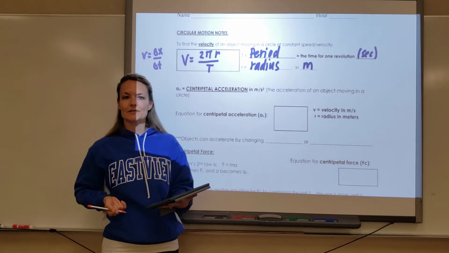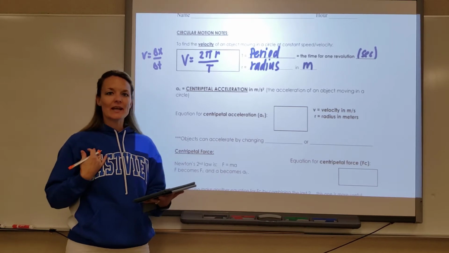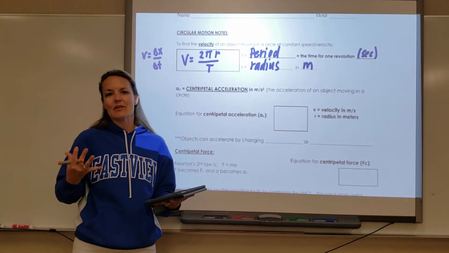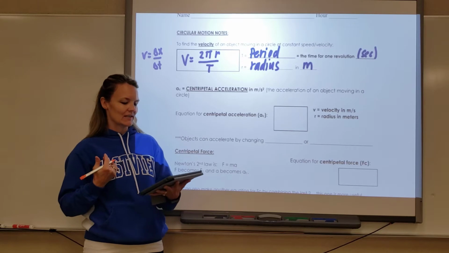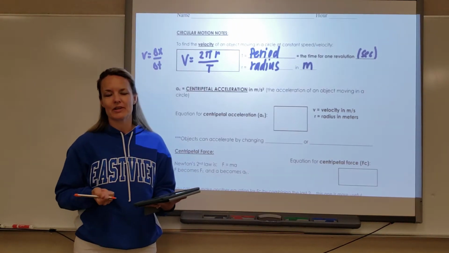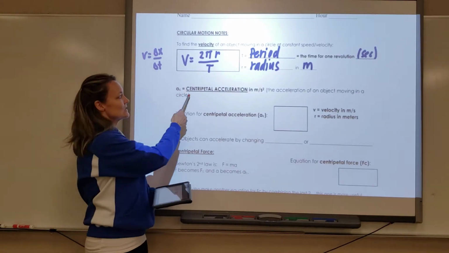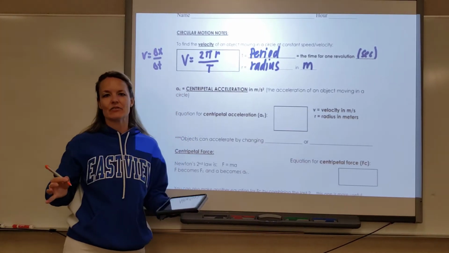All right, once we know the velocity of the object moving in the circle, we can also find the acceleration of an object moving in a circle. And this has a special name. It's called centripetal acceleration. It gets a little c next to it. It stands for centripetal. I like to think of it as circle.